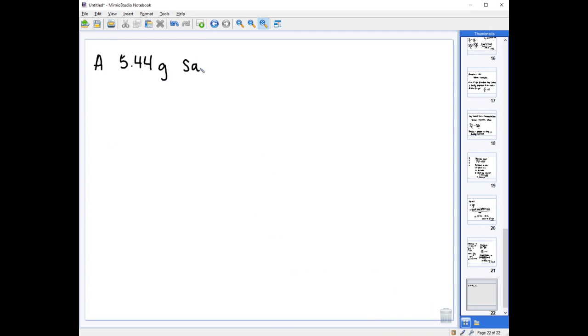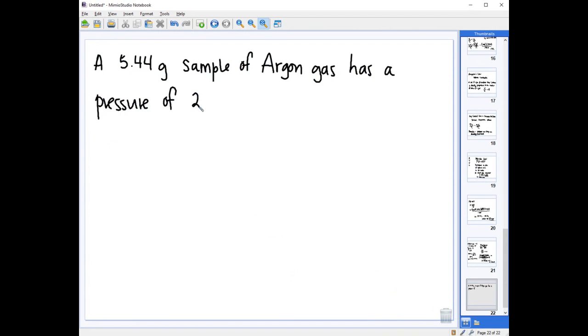A 5.44 gram sample of argon gas has a pressure of 2.7 atmospheres at a temperature of 100 degrees Celsius.